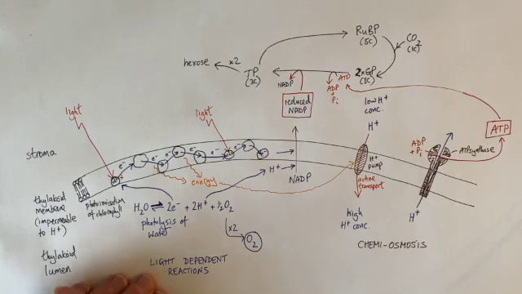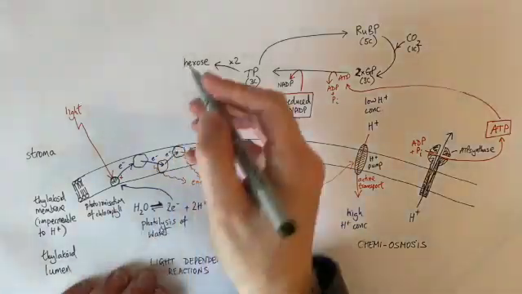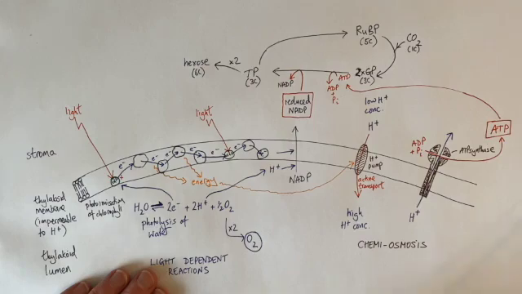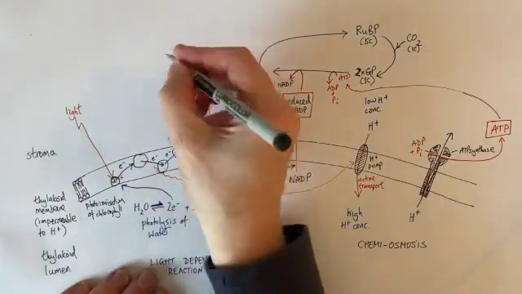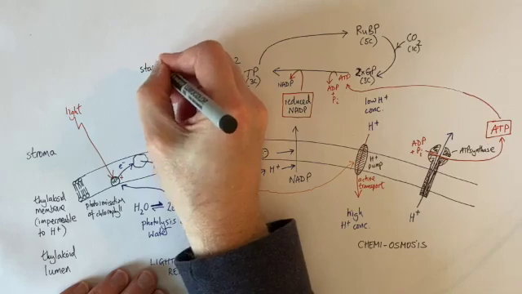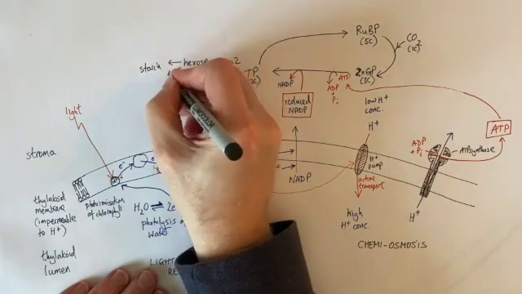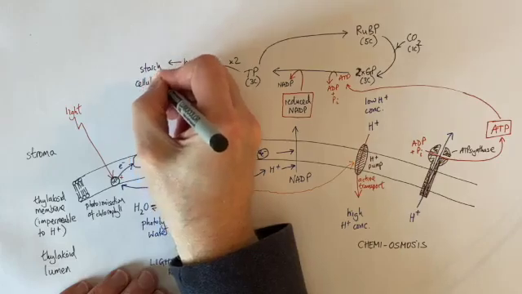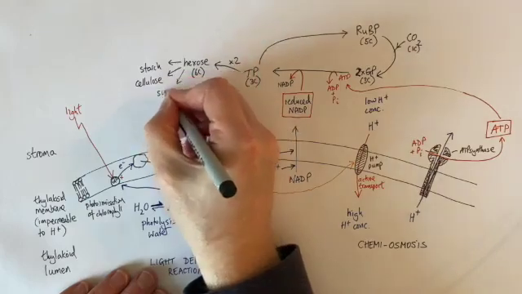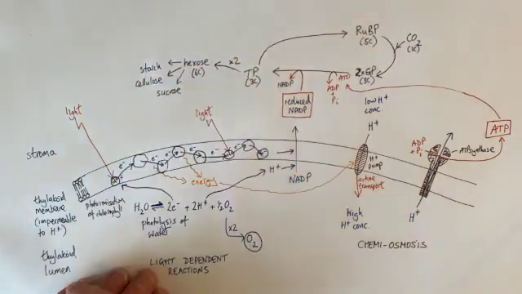In fact, they form hexose phosphate, and it loses the phosphate group to form hexose. Hexose, of course, is a 6 carbon sugar. And that is the basis of so many other molecules for plants. So some hexose might join together and form starch. Some might join together and form cellulose, for example. Some might join together and form sucrose, which would then lead into starch and other molecules like that.